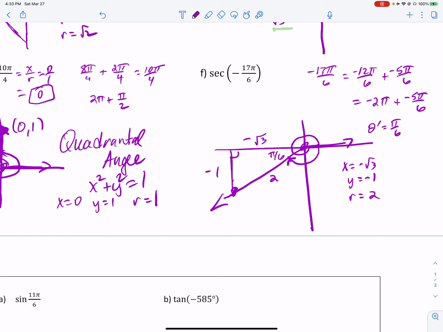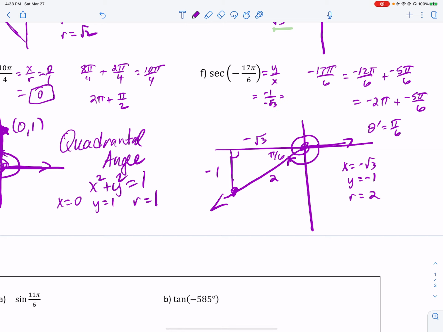And so we are going to get a negative 1 over a negative root 3. And so that is a positive 1 over root 3, and you rationalize. So it's root 3 over 3.